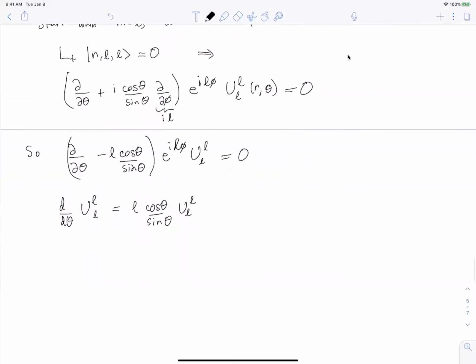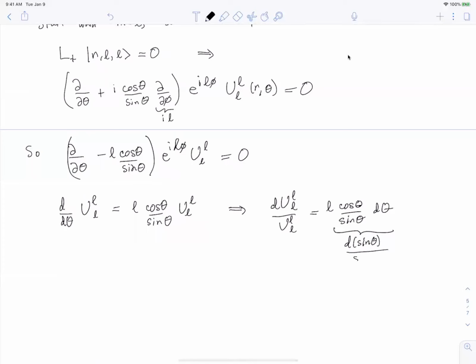Okay, and now I can rewrite that by rearranging the differentials. The right-hand side is nicely proportional to d sine theta over sine theta, which is otherwise known as the differential of the logarithm of sine theta.